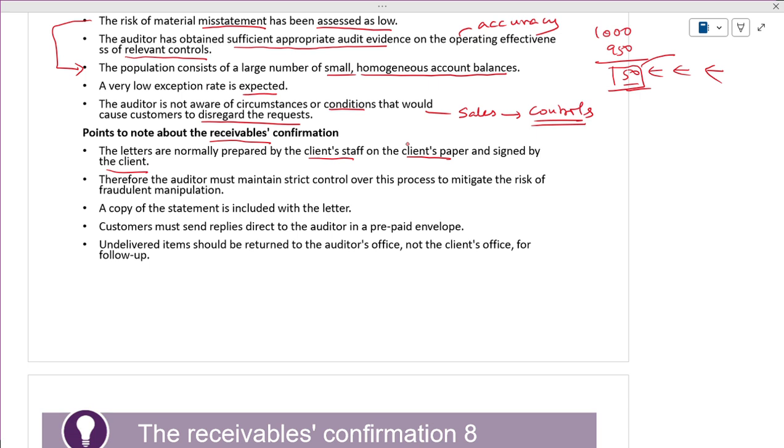The auditor must maintain strict control in the process to mitigate the risk. The auditor has to have strict control, and cannot have any compromise.